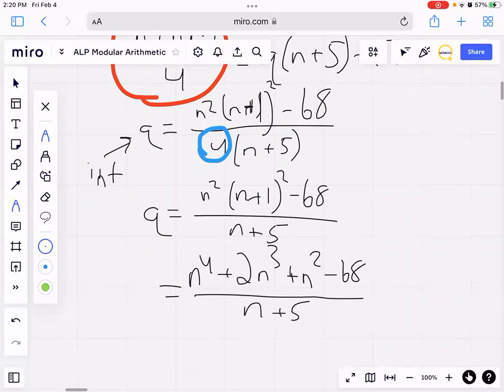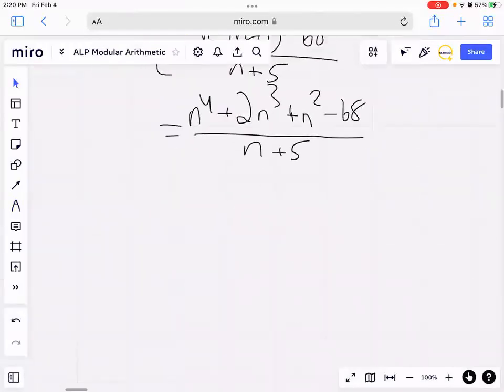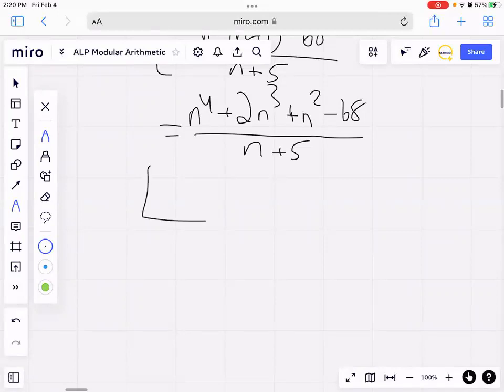Then we're going to use synthetic division, which is a good dividing technique when dividing polynomials. And don't worry, if you don't know synthetic division, you can use long division as well, but it's just a faster method to find the remainder. So we just put -5 here. So we have 1, 2, 1, 0 for the n term and -68.